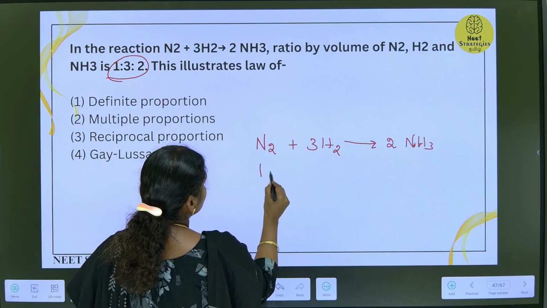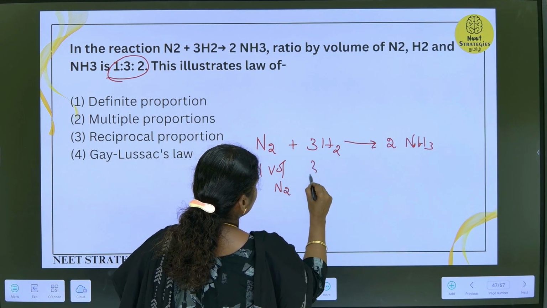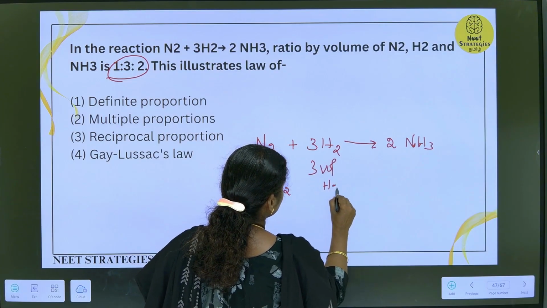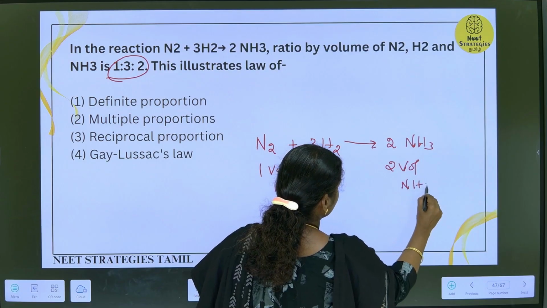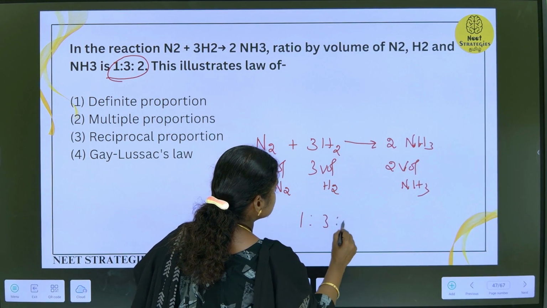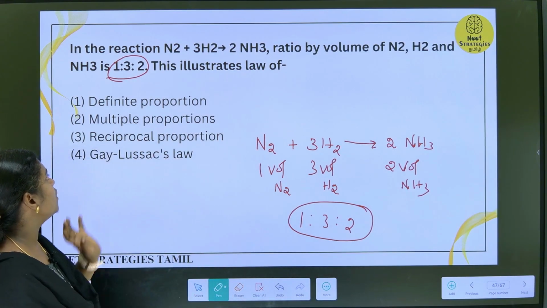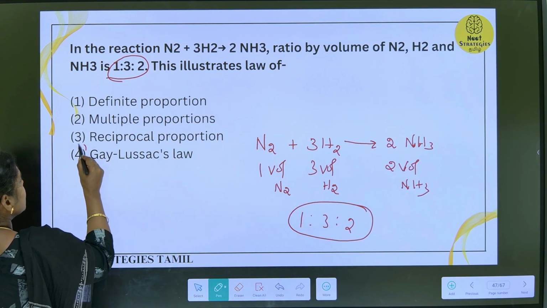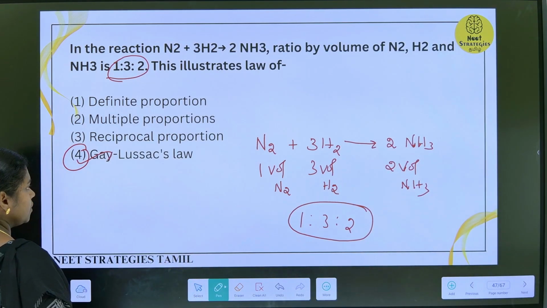So 1 volume of nitrogen, 3 volumes of hydrogen and 2 volumes of ammonia. So 1:3:2, that is also the simplest whole number ratio. What is it? It is Gay-Lussac's law. If there is a simplest whole number ratio, it is Gay-Lussac's law.